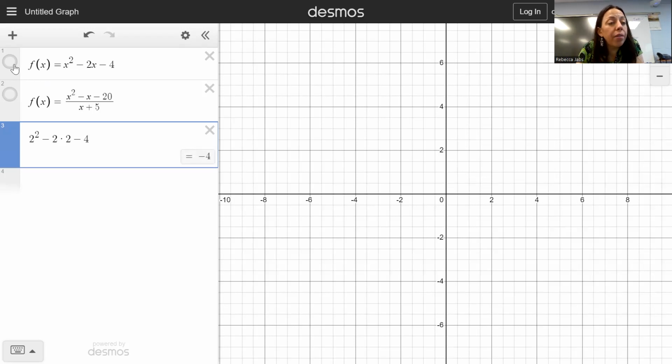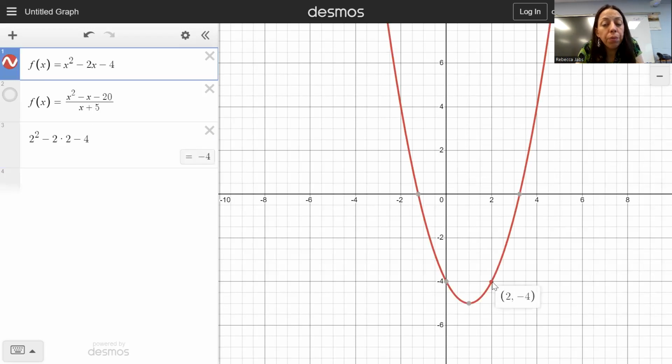Oh, wait a minute again. When I was getting close to 2, I was getting close to -4. Since 2 is not a discontinuity, is technically what I'm going to call it. Since the graph is not discontinuous at 2, I can just plug it in and I get -4. Tells me the exact answer.